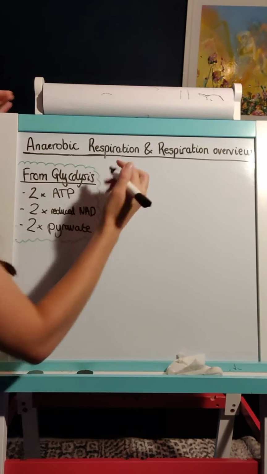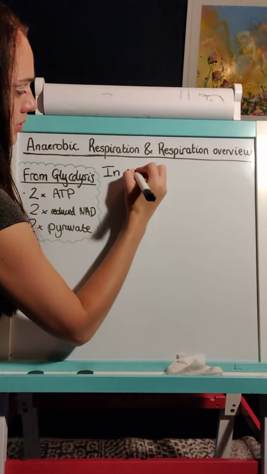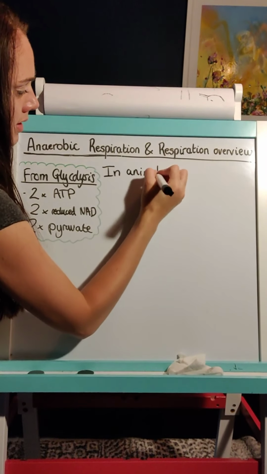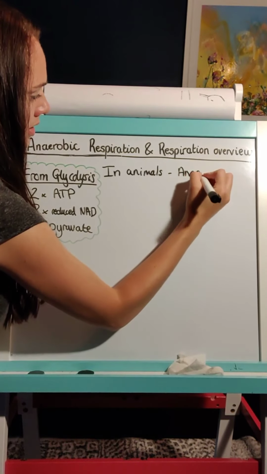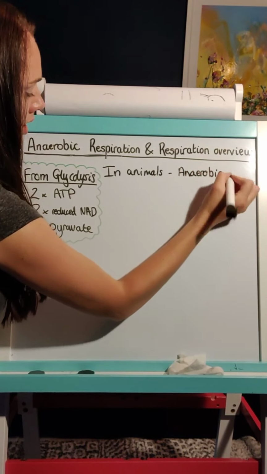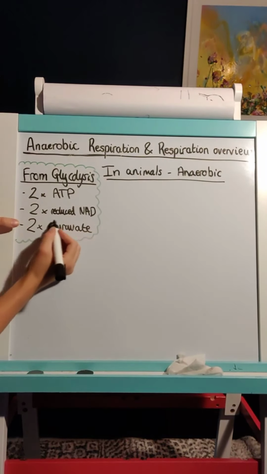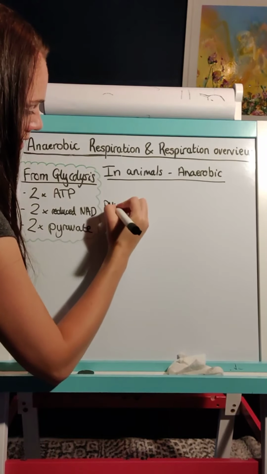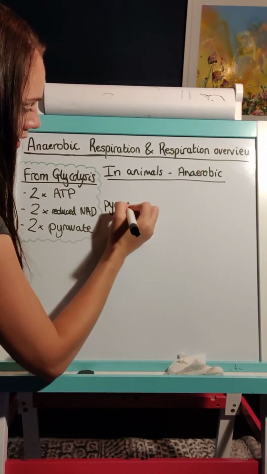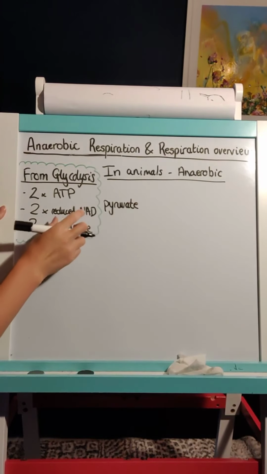So in animals, because there's a different thing that happens in plants, in animals we have anaerobic respiration, and what we do is use this pyruvate to oxidize the reduced NAD.